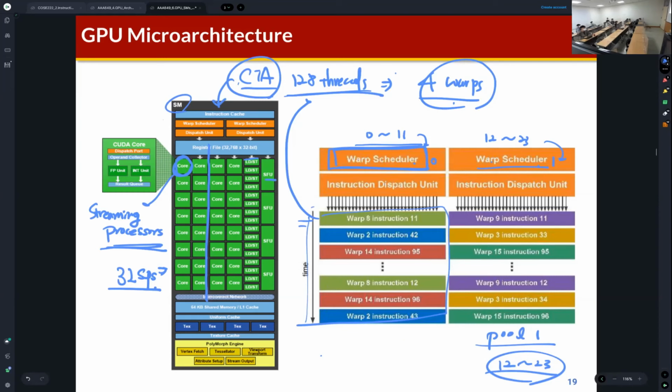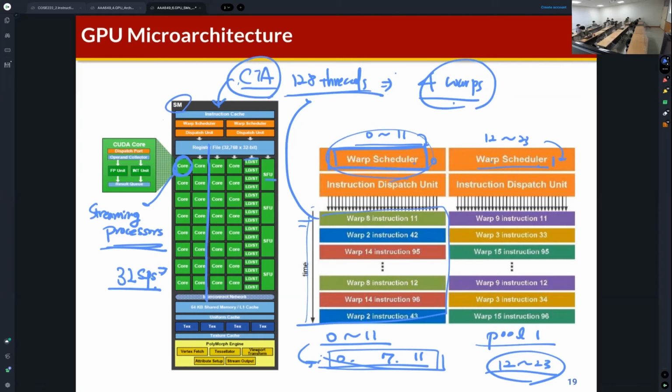Let us assume that in this warp pool, warps number 0, 7 and 11 are available. Which means that the required operands for these warps are ready. Then the warp scheduler selects from the ready warps 0, 7, 11.